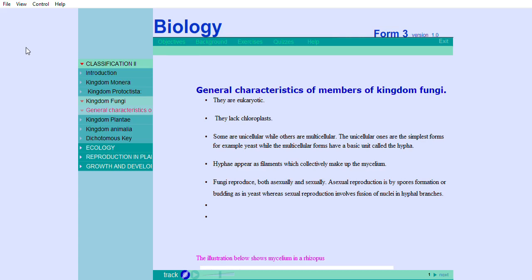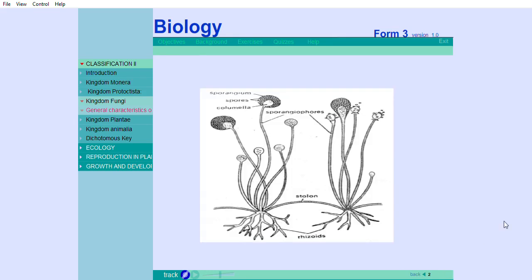Fungi reproduce both asexually and sexually. Asexual reproduction is by spore formation or budding, as in yeast, whereas sexual reproduction involves fusion of nuclei in hyphal branches. The illustration below shows mycelium in a rhizopod.